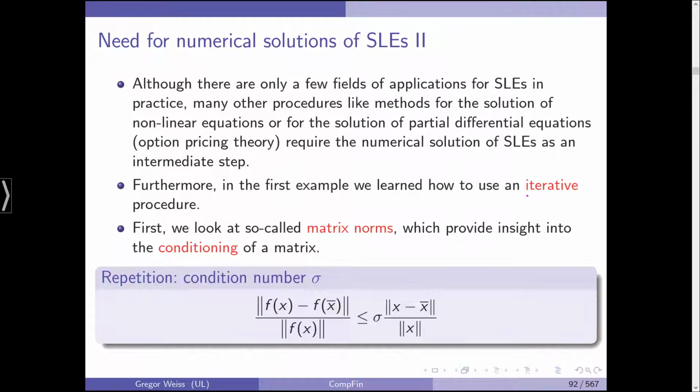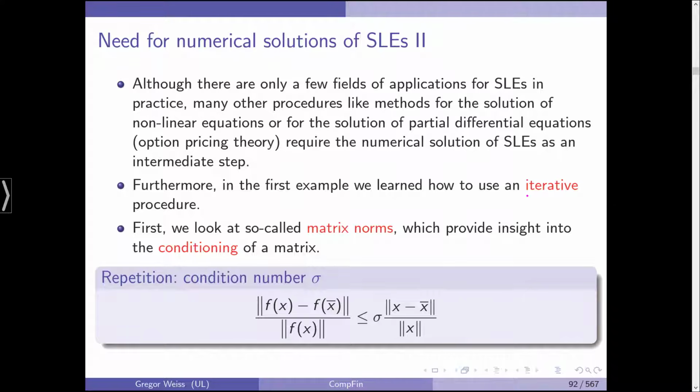The norm of this difference, divided by the norm of the true solution using the true input data, has to be smaller or equal than sigma times the norm of x minus x bar, the disturbance in the input data, divided by the norm of x.